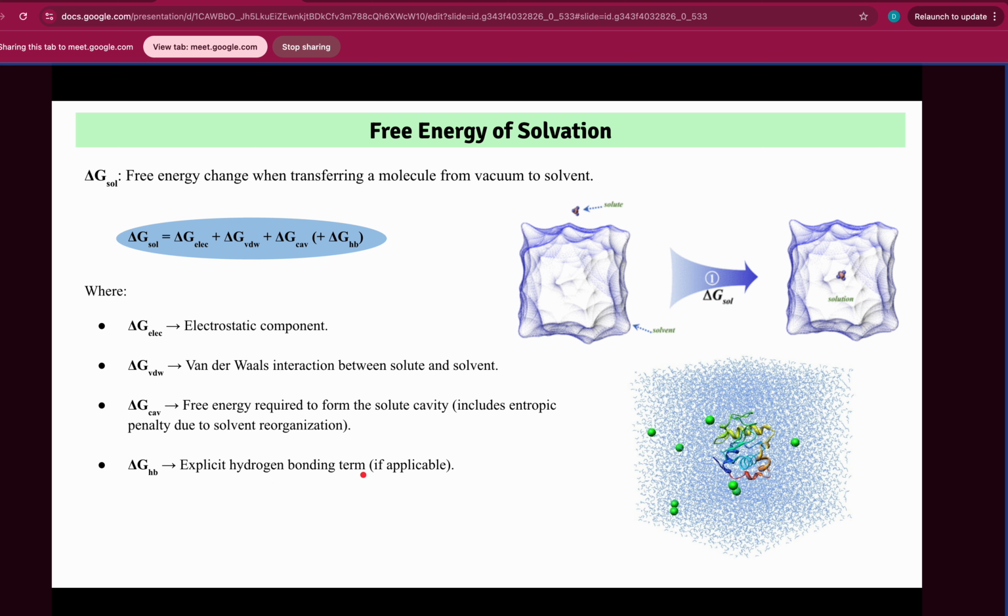After forming hydrogen bonds, this will also bring about a change in the energy of the system. That's why understanding the free energy of solvation is important, because it can change the total energy of my system, since I'm moving it from a vacuum state to a solvent, or aqueous, state.